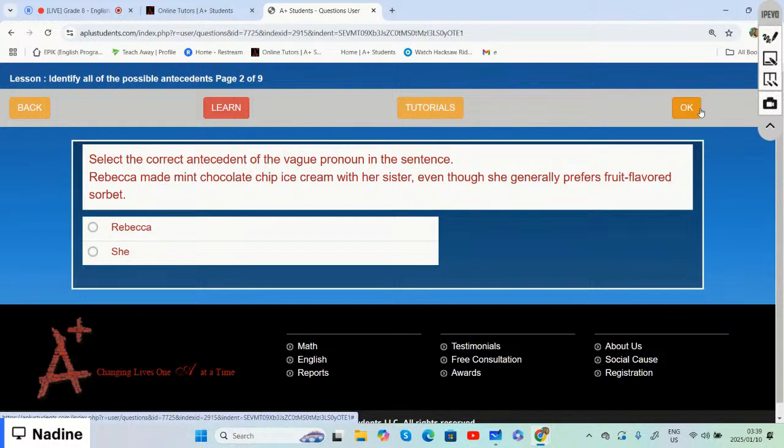It says Rebecca made mint chocolate chip ice cream with her sister, even though she generally prefers fruit flavored sorbet. We need to select the correct antecedent of the vague pronoun reference, the word that the pronoun refers to. Is it Rebecca or is it she?